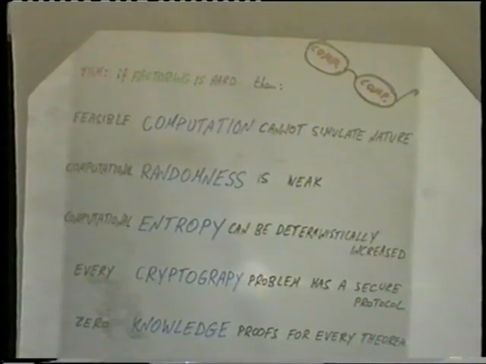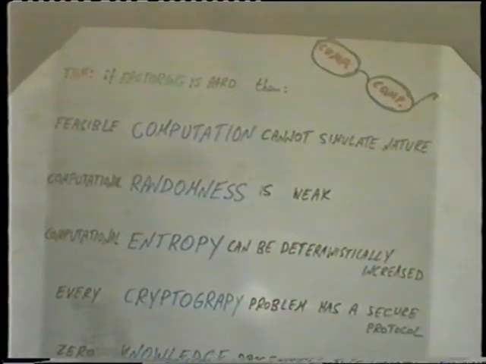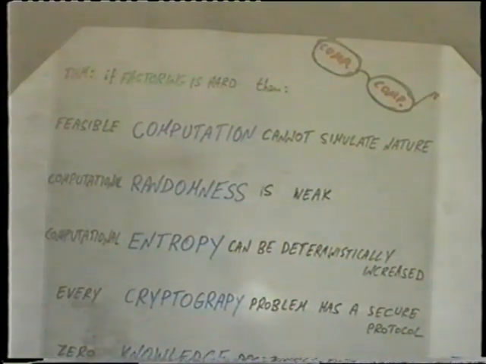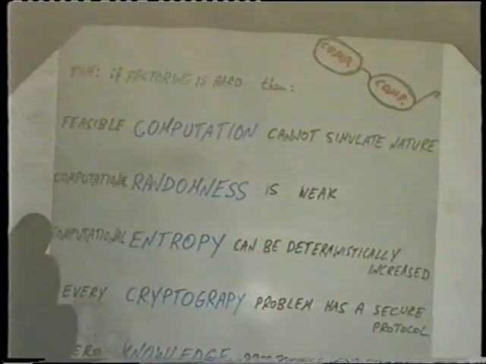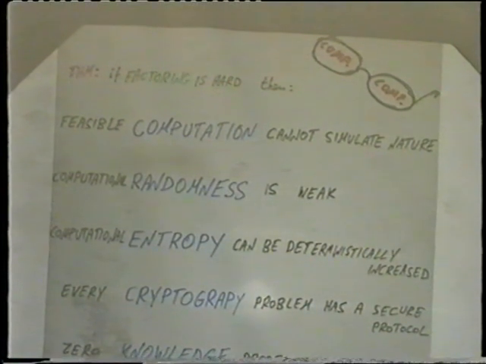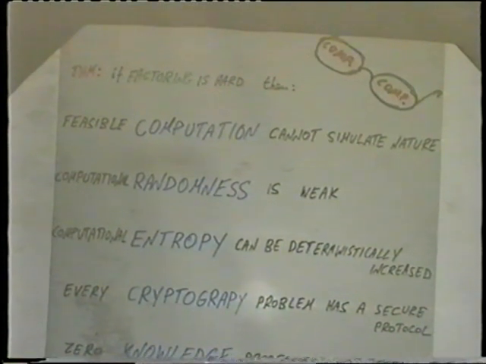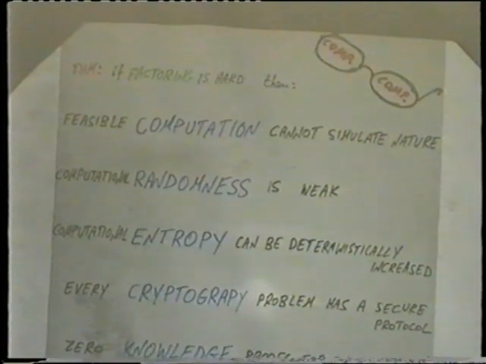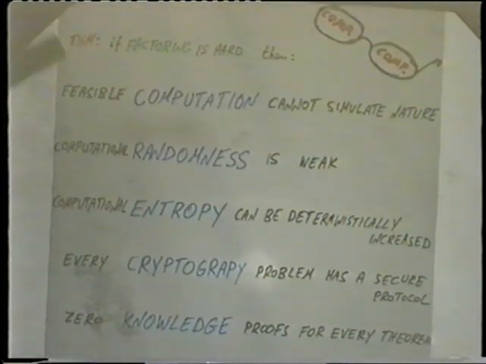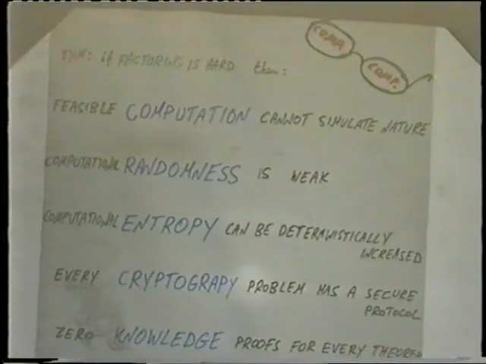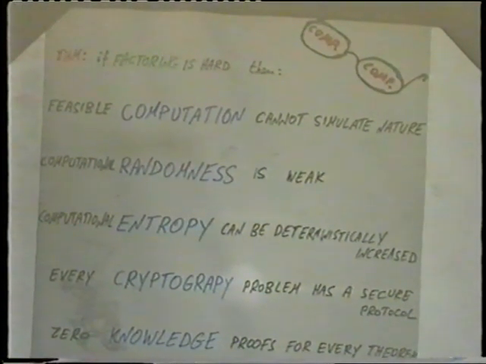Feasible computation cannot simulate nature. This is evident from Peter Shor's work, so I will not get into this at all. Computational randomness, like these probabilistic algorithms, is much weaker than you think. Yeah, this is only an assumption. So all of these are theorems. So let me say even before I state them.